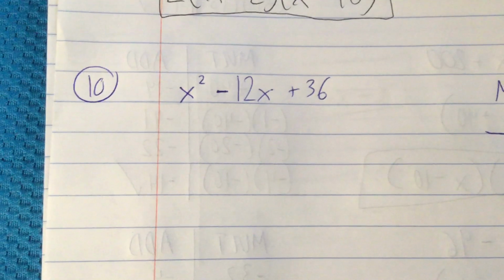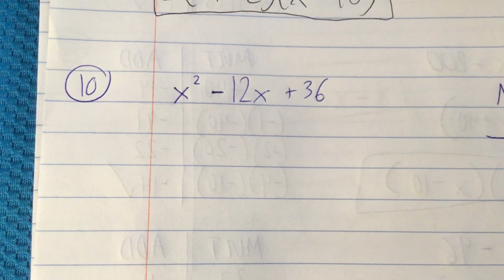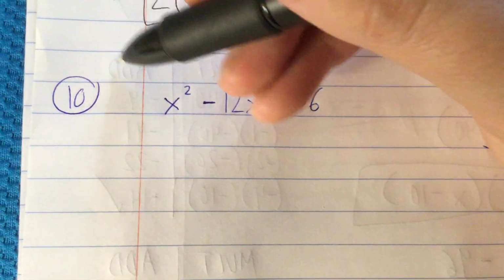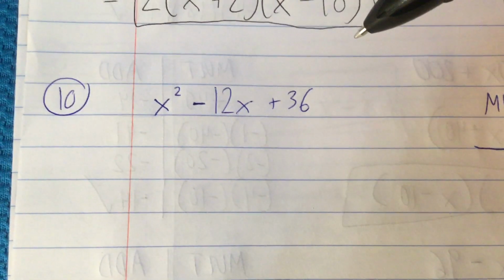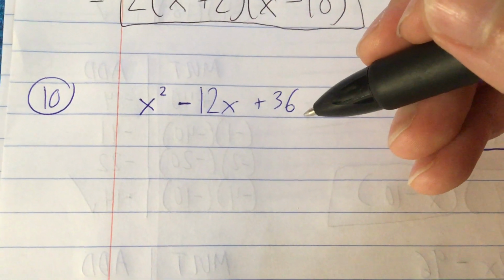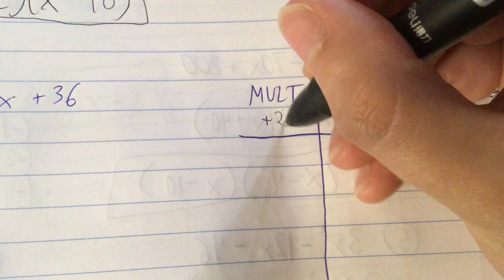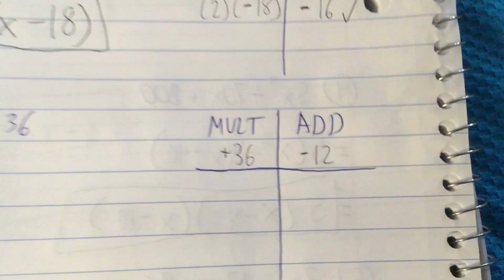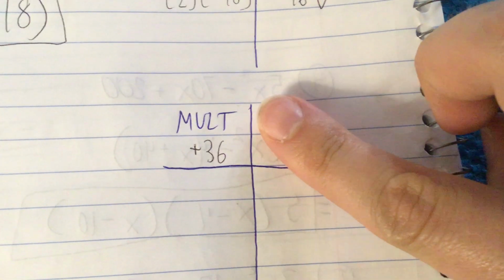Number 10, can I factor something out from all three of these terms? Well, no. I can't, unless you want to divide by 1, but that doesn't really help. So now I do the factoring the quadratic trinomial method. I need to figure out what two numbers multiply to positive 36, but add to negative 12. So I cover up the right side and I try to get a clue.